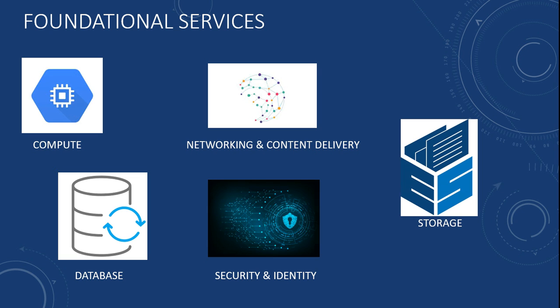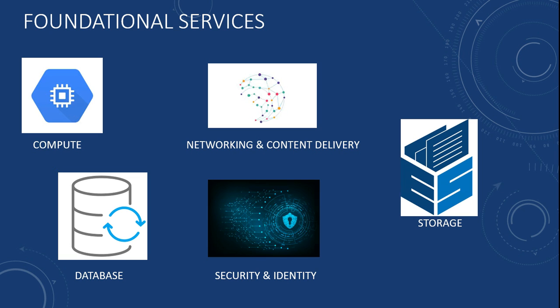So let's have a look at what compute is. It is used to process data on the cloud by making use of powerful processors which serve multiple instances at a time. So this is a compute service. I will be giving a brief about the compute services and the resources that come under it.